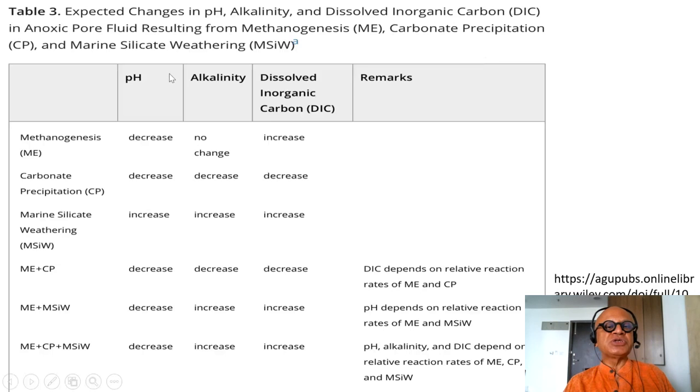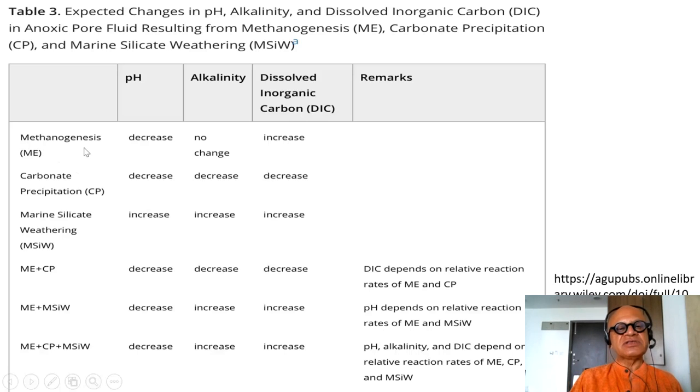Carbonate precipitation and marine silicate weathering are all included here, just to get a sense that marine sediment weathering and crustal weathering are an important part of the overall atmosphere-ocean CO2 balance.